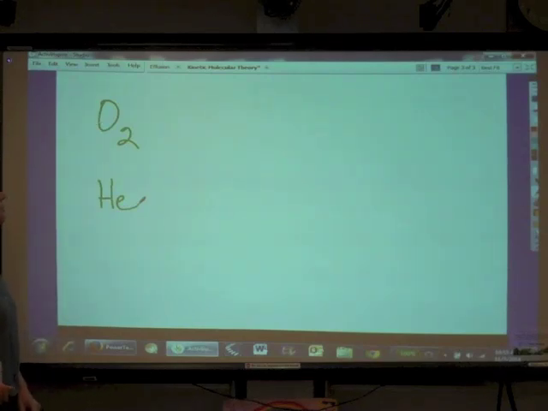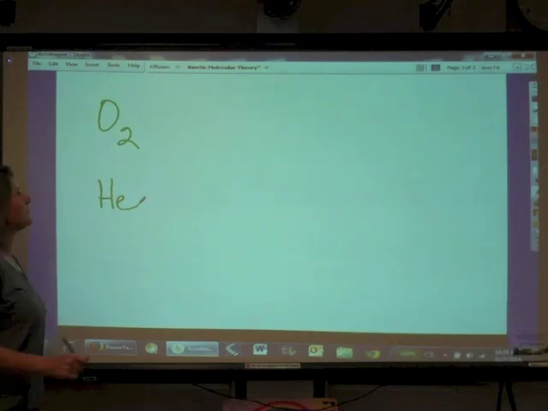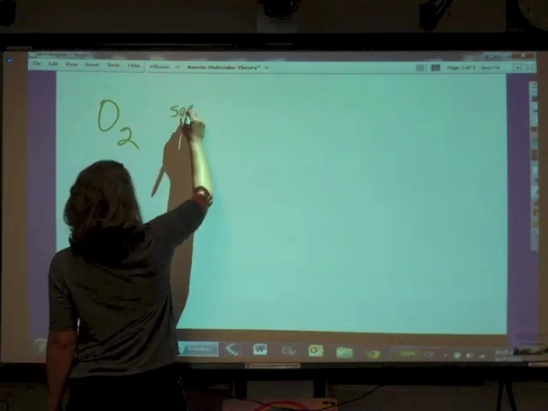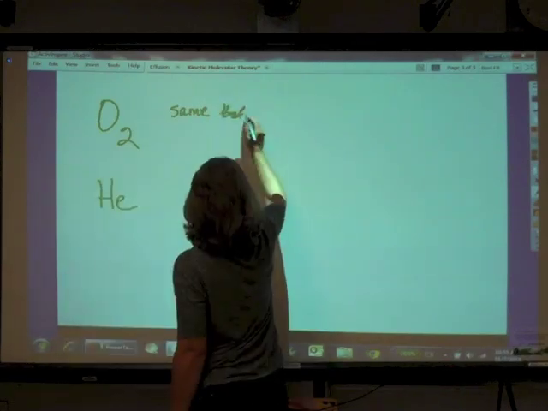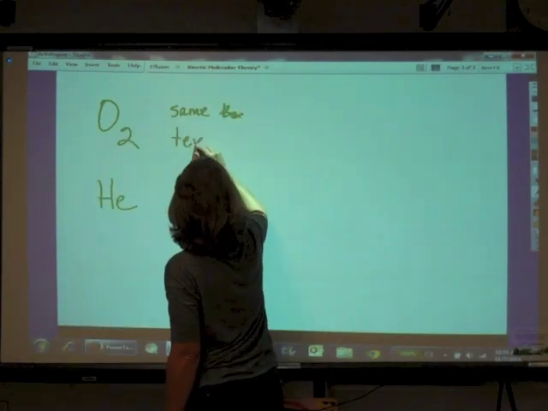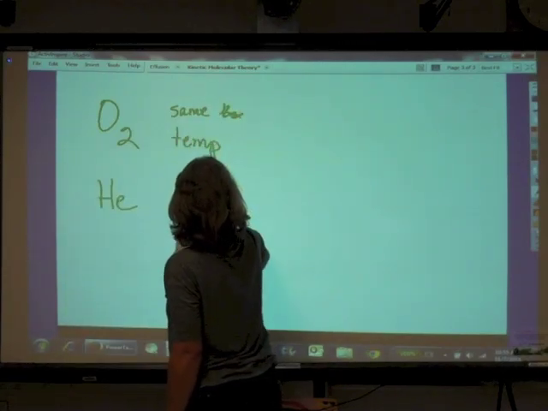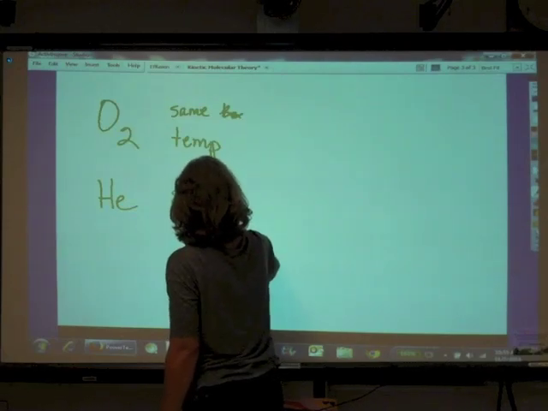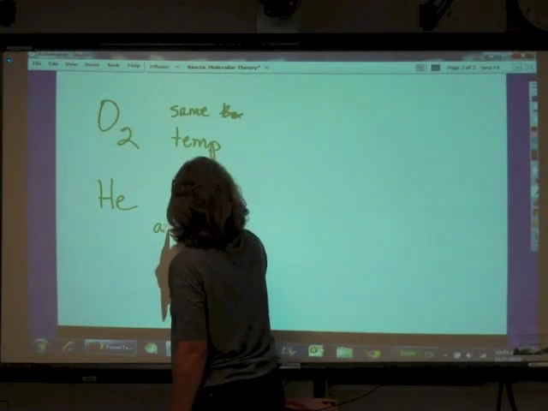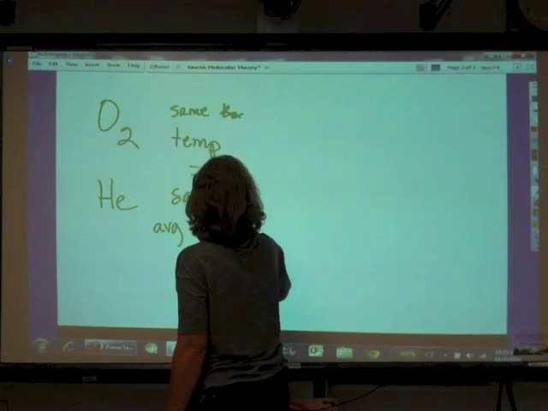Okay, if those two gases are at the same temperature, that means that they have the same average kinetic energy. So, same temperature means same average kinetic energy.